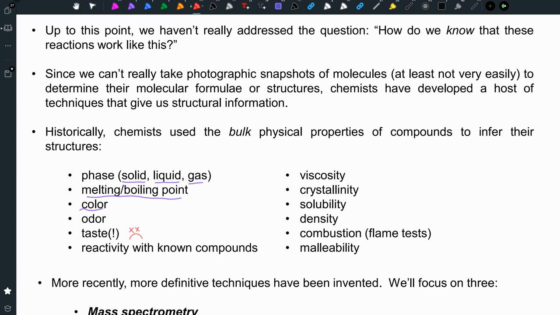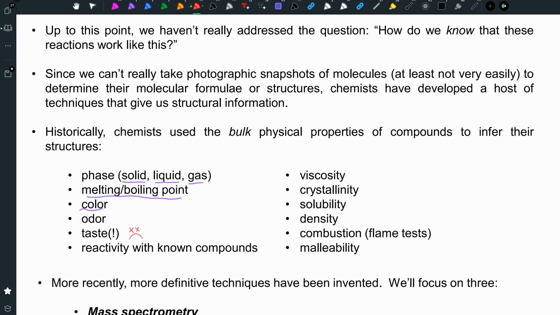So we have had to develop different ways of probing molecules. Generally, that probing of molecules ends up using the electromagnetic spectrum. Sorry for the brain fart. The electromagnetic spectrum, in many cases, is used to probe molecules.